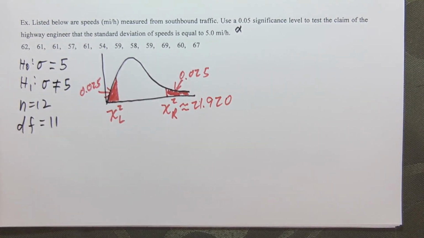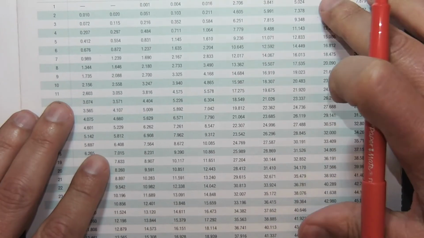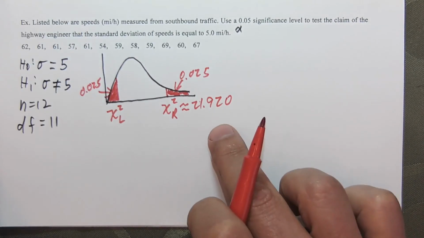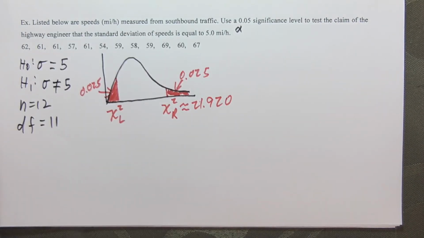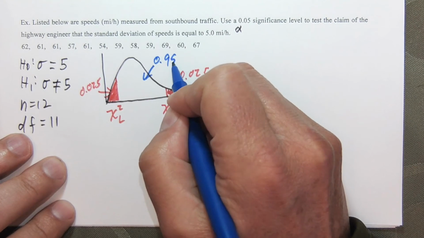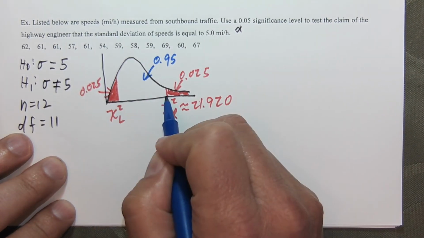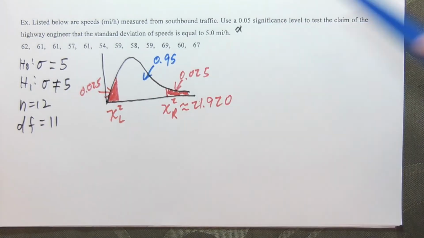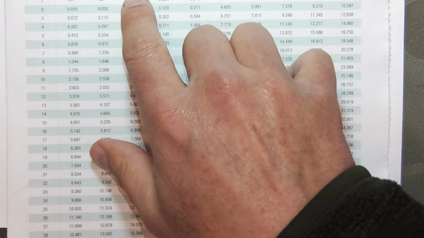Double check that here. 11, 21.920. Yes. And the left one is going to have, if I add this up in here, 0.95 area to the right, plus 0.025, so that's 0.975.